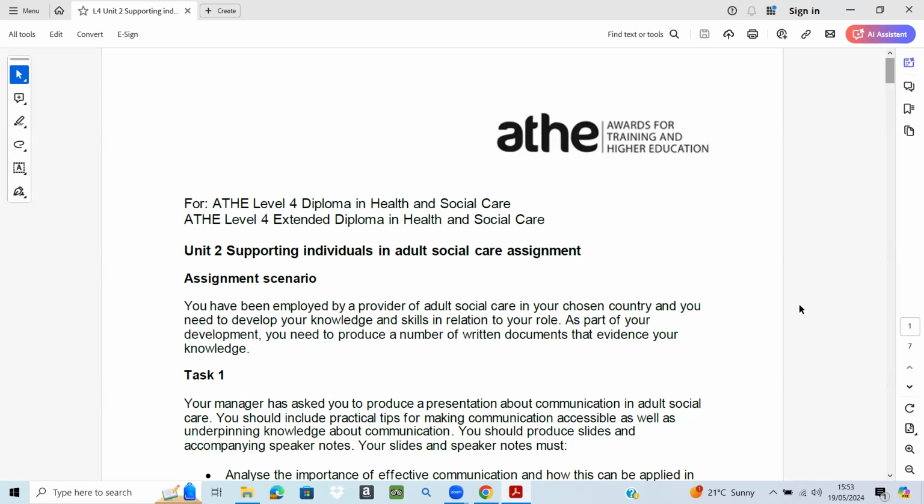So we also discussed physical hazards, health and safety risk, safeguarding risk, environmental risk. Then we have some strategies which could lessen these hazards.